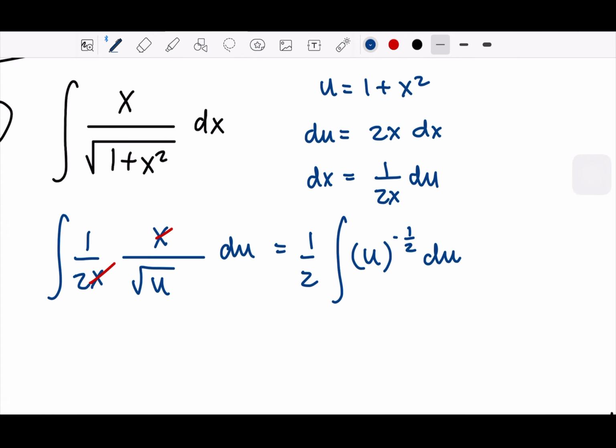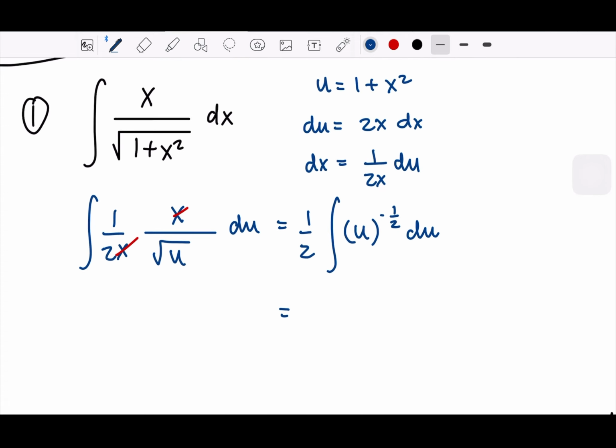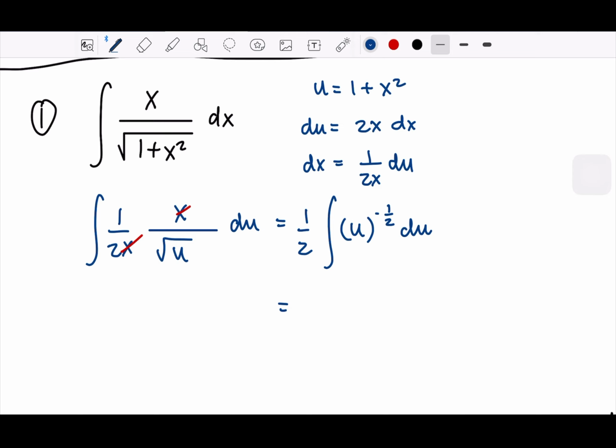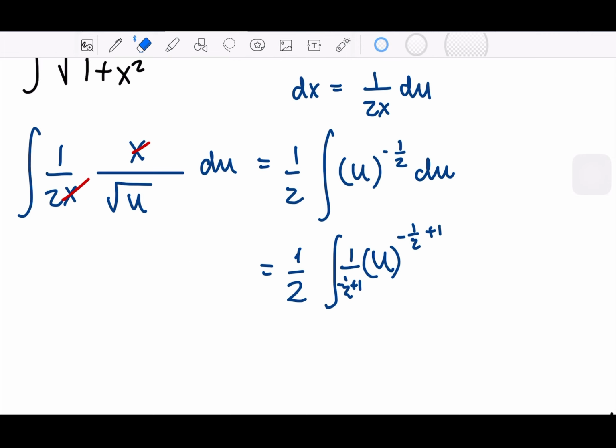To integrate this, I think it's easy. Just apply the power rule for integration. So we have 1 over 2, and apply this, this is supposed to be plus 1, so negative 1 over 2 plus 1, sorry, it's not clear here.